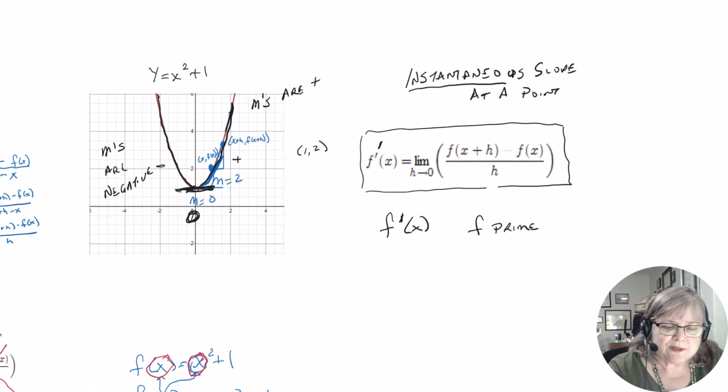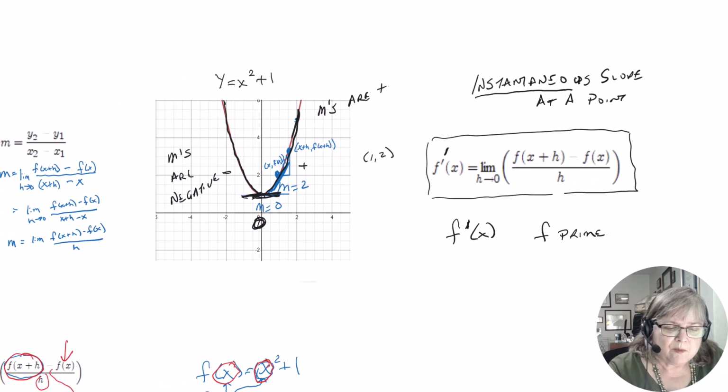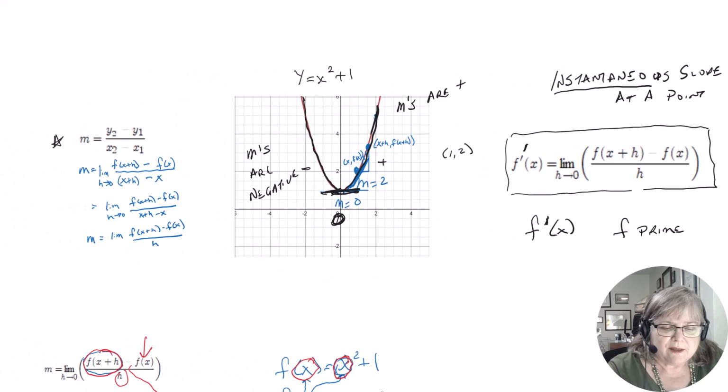This original setup here, when we first started talking about it, where we had y2 minus y1 over x2 minus x1, and there was a definite gap between the 2 points right here.